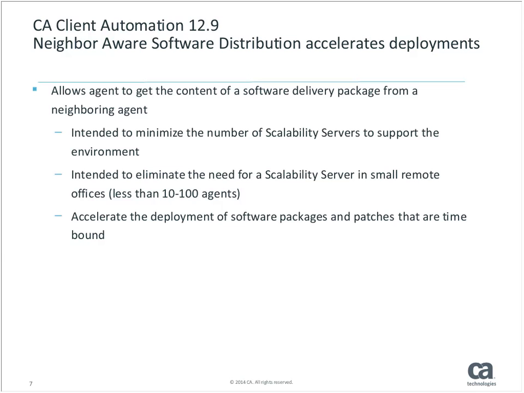To that end, we also wanted to lower the infrastructure costs. So it is intended to minimize the number of scalability servers that you might need for your environment. And again, that depends on your network topology, whether you'll be able to eliminate scalability servers, but we certainly want you to get this feature implemented and start taking advantage of it.